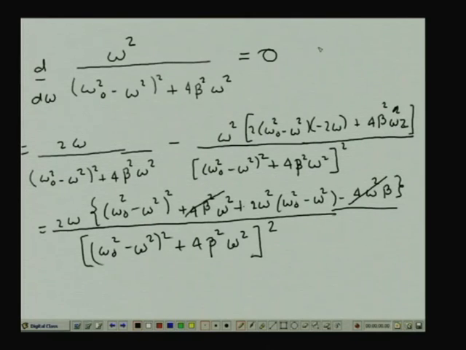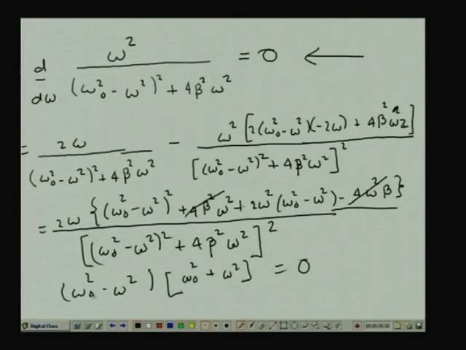Effectively, if I want a solution to this, I should satisfy the condition that omega naught square minus omega square, which I have taken common from both of these terms, and the first term still gives me another factor of omega naught square minus omega square, and this gives me a factor of 2 omega square. So, when I add this to this, what I get is omega naught square plus omega square, this should be equal to 0, and the only possible solution is when omega is equal to omega naught.